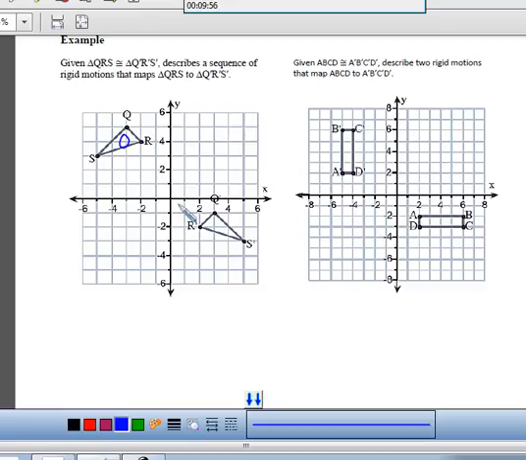So, the first thing I always look at is the orientation. So QRS goes clockwise. When I look at Q prime, R prime, S prime, it goes counterclockwise. Because the orientation has changed, I know I am going to need a reflection.